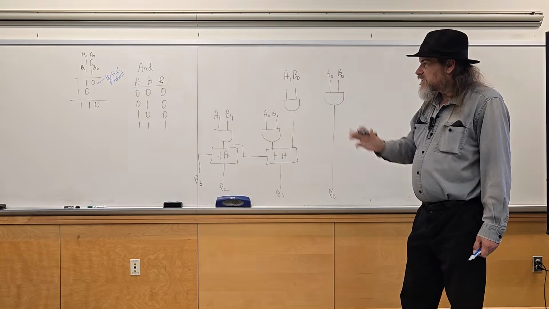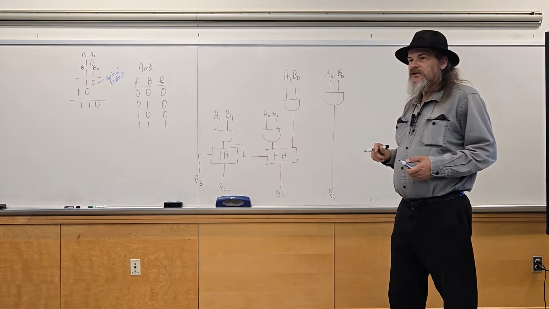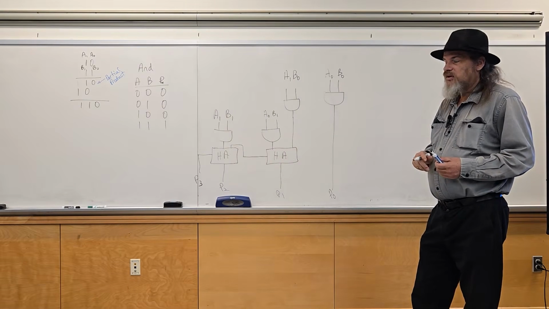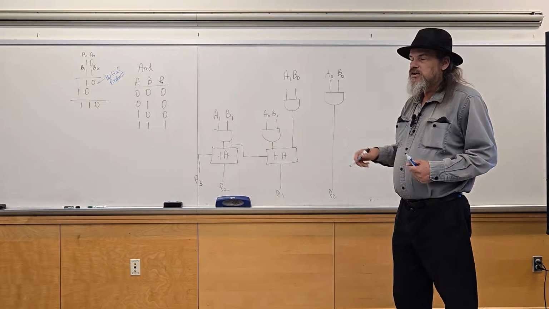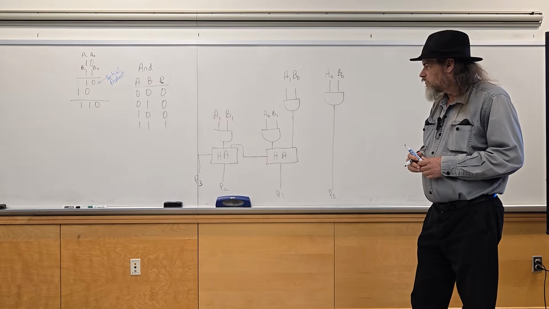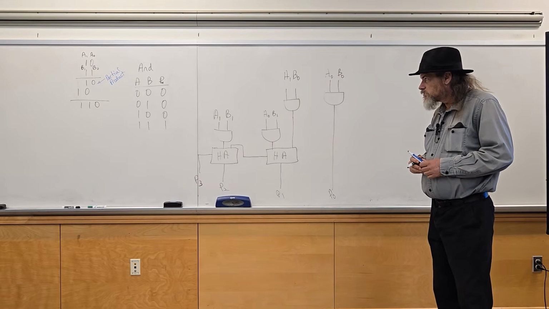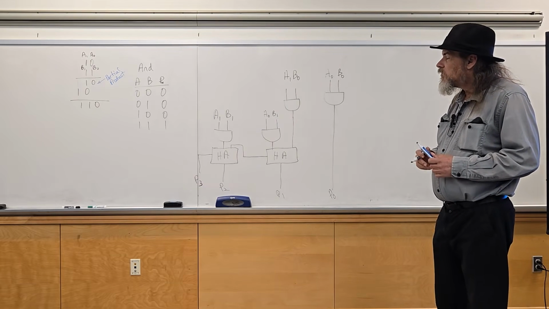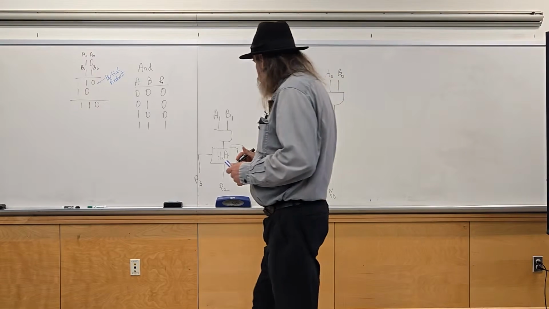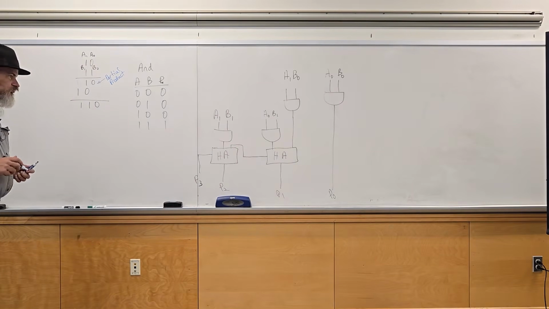With a 3-bit by a 3-bit multiplier, you would need full adders in there as well, because of carrying and adding more than 2 bits. So there's your basic 2-bit multiplier.